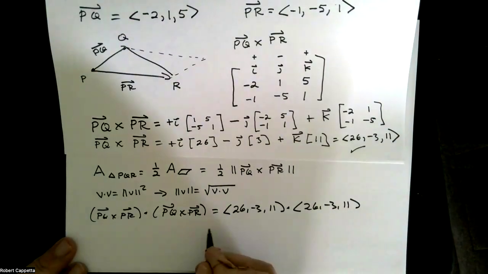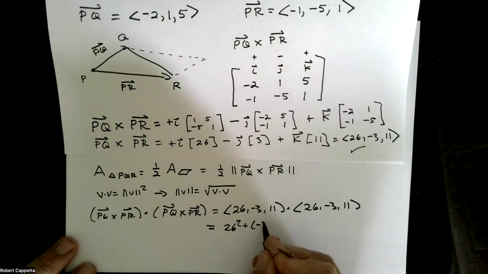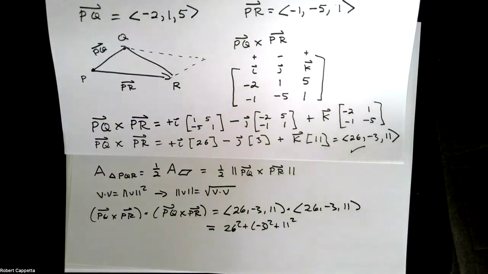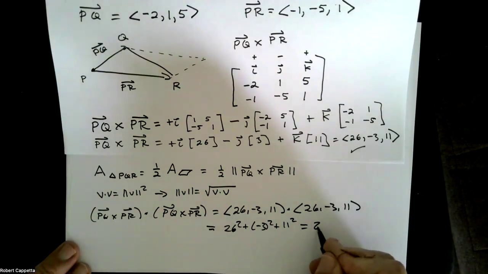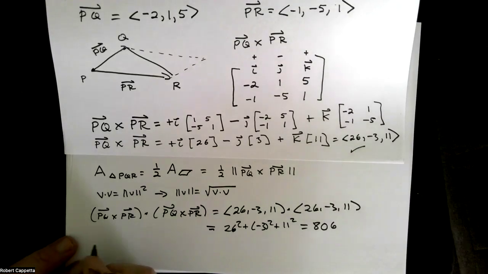And what does that give me? 26 times 26, 26 squared, plus negative 3 squared, plus 11 squared. There's your a squared plus b squared plus c squared. And that gives me 806. So the magnitude of PQ cross PR is the square root of 806.